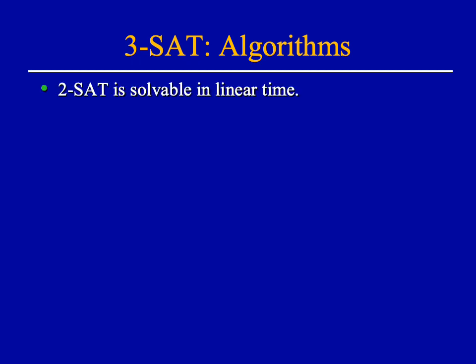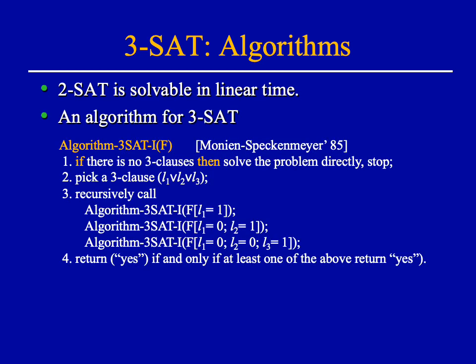Why don't we work on 2-SAT? But in fact, 2-SAT would be too easy. It is known that 2-SAT can be solved in linear time. So 3-SAT is probably the simplest but still difficult enough problem for us to look into.